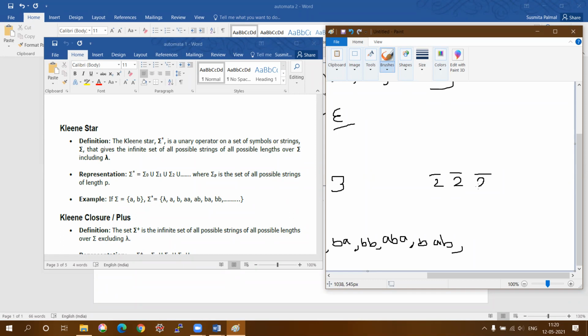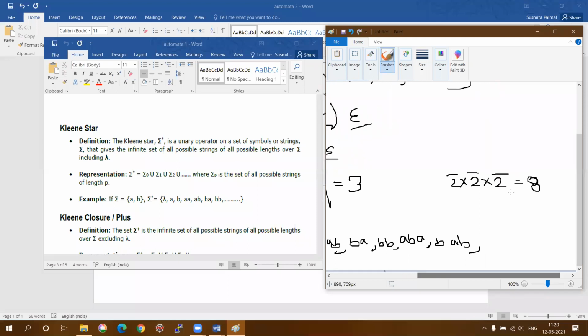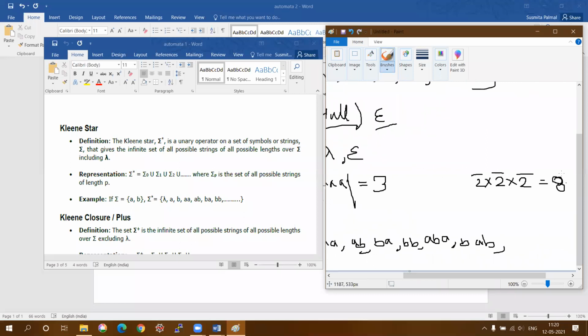So the total number of combinations to form a string of length 3 may be 2 into 2 into 2, which is 8. So 8 strings can be generated of length 3 where the input symbols are a, comma b. This is simple mathematics.